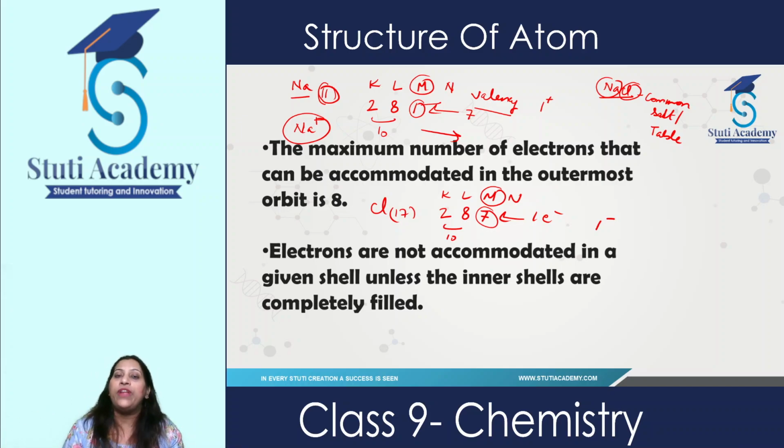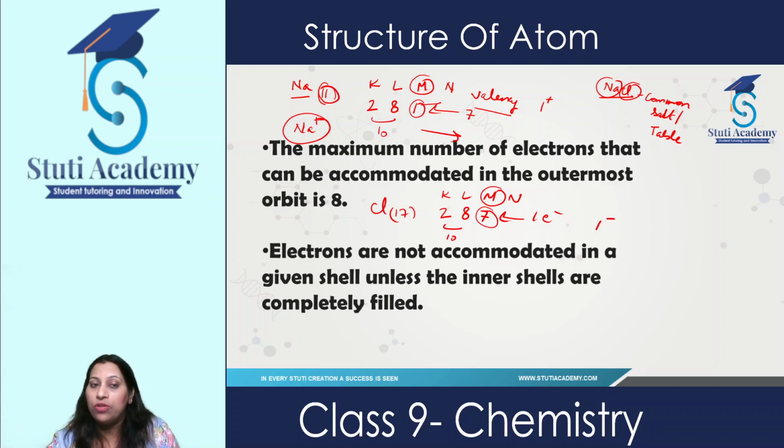So they become true friends here. One is giving and the other one is accepting. So if they are giving and accepting in this manner, they both become stable in nature. And this tendency of losing or accepting electron is known as their valencies. So I hope this is clear to you what is valency and what are valence electrons.